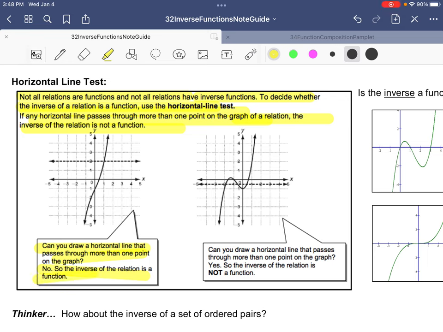After you read it, make sure you look at the examples they're showing down here. Now, let me highlight some things literally. To decide whether the inverse of a relation is a function, so this is a test to see if the inverse is going to be a function, you're going to use the horizontal line test.